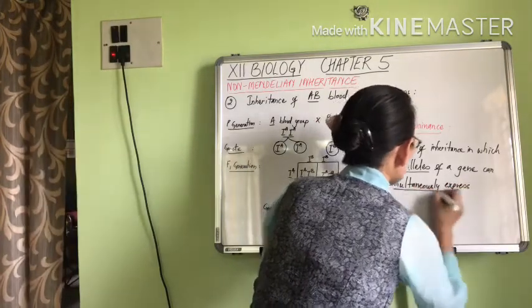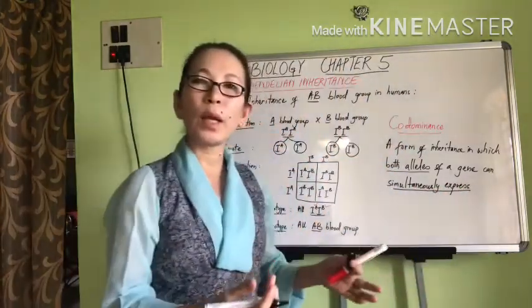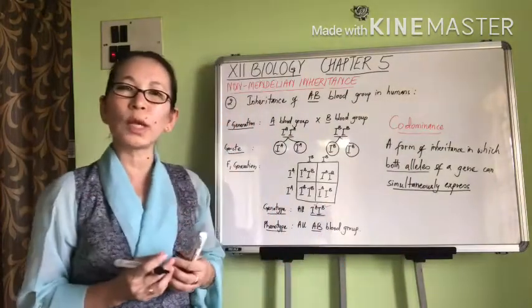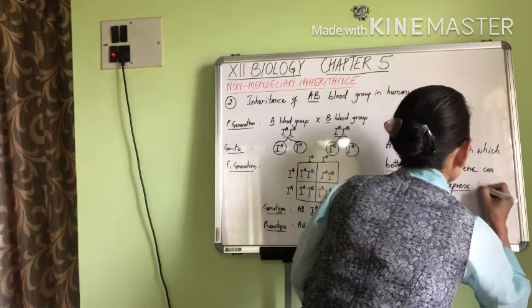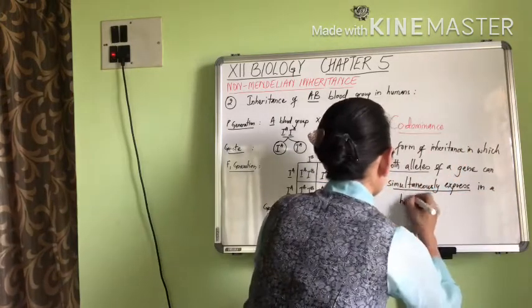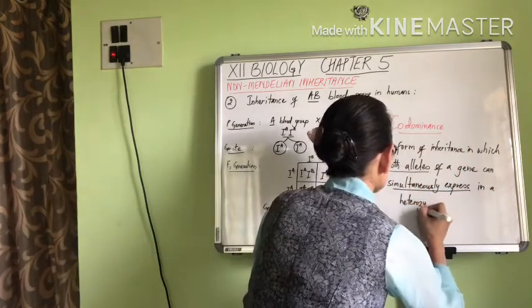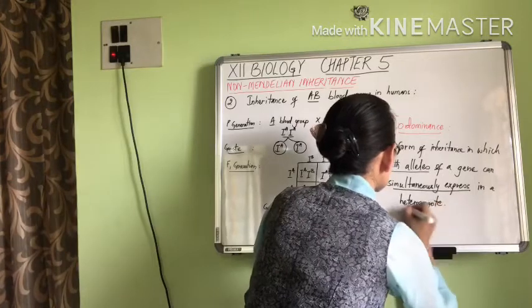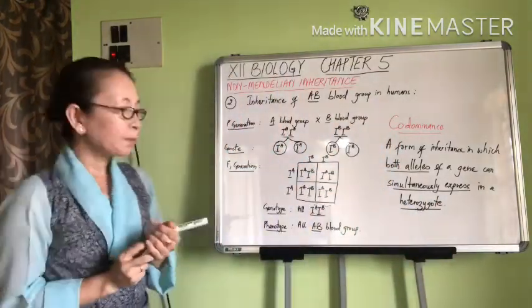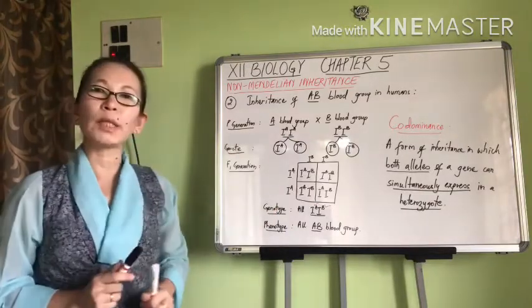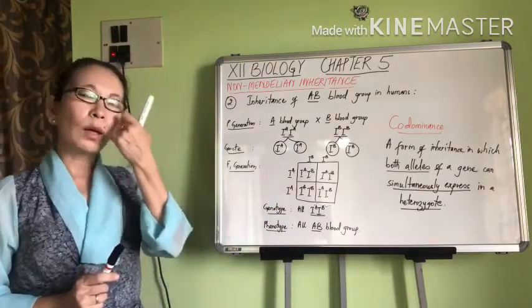So they express together. Okay, so co means to exist together. So both can simultaneously express in a heterozygote.